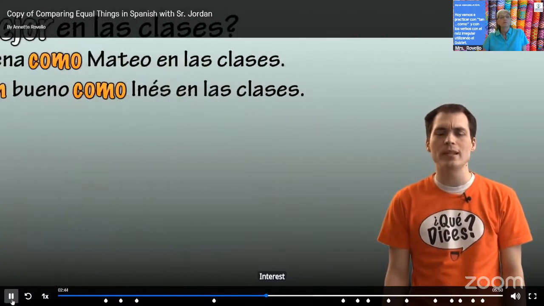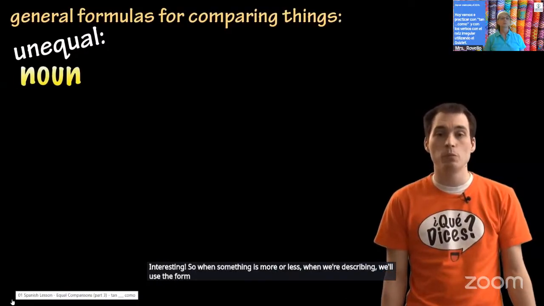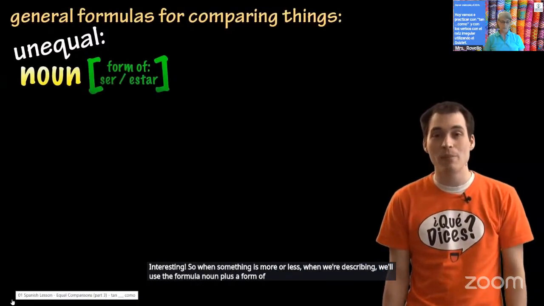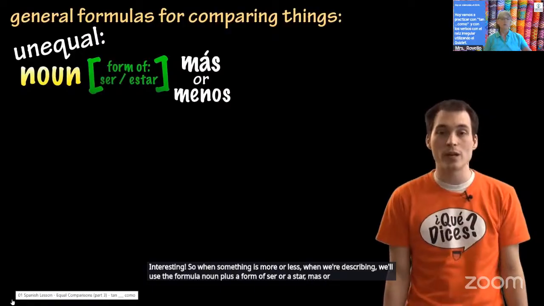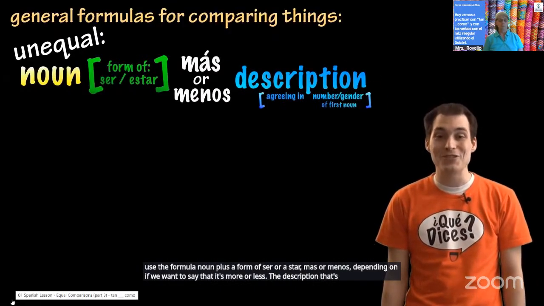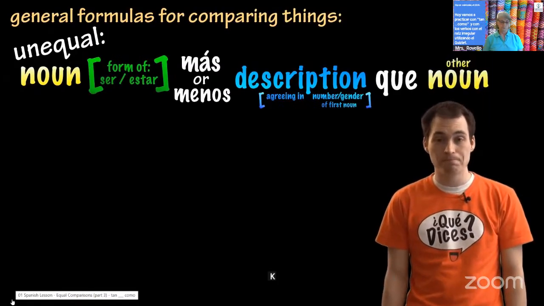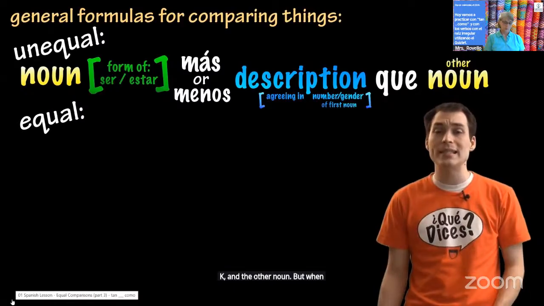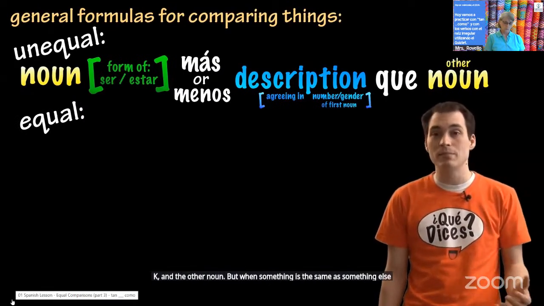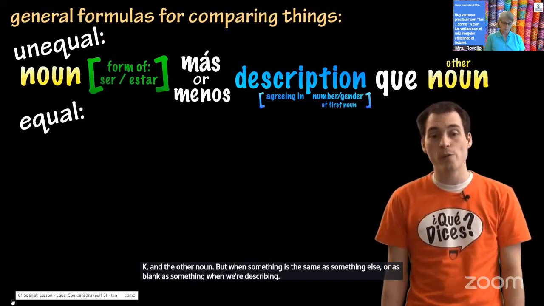Interesting. So when something is more or less, when we're describing, we'll use the formula noun plus a form of ser or estar, más or menos, depending on if we want to say that's more or less, the description agreeing in the number and gender of the first noun, que, and the other noun. But when something is the same as something else, or as blank as something when we're describing, we're going to use the following formula.